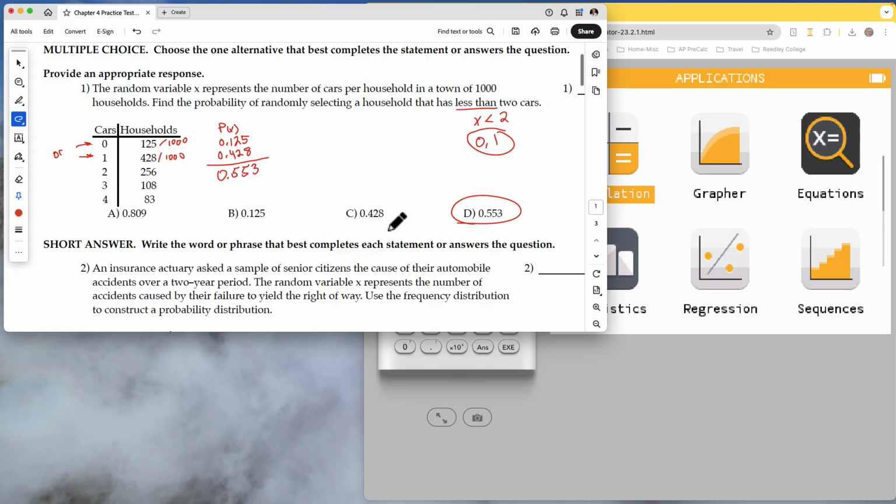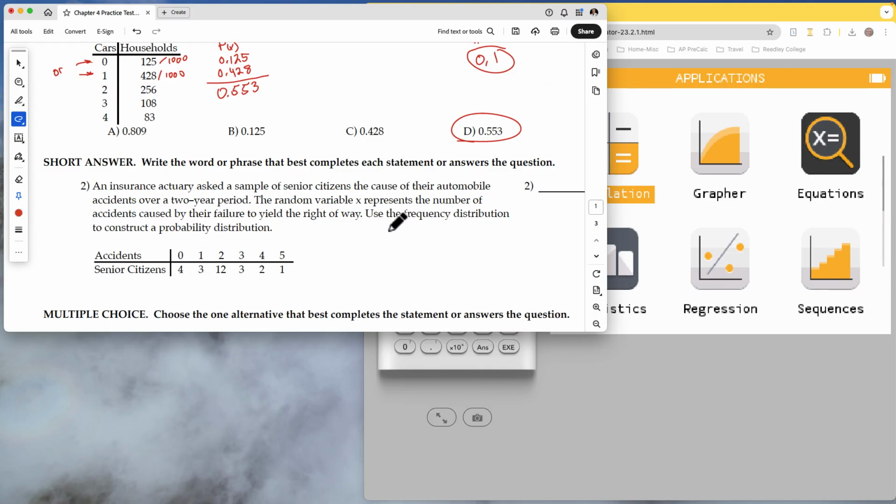All right. For question number 2, an insurance actuary asks a sample of senior citizens the cause of their automobile accident over a 2-year period. The random variable x represents the number of accidents caused by their failure to yield the right-of-way. Use a frequency distribution to construct a probability distribution. So 0, 1, 2, 3, 4, 5.